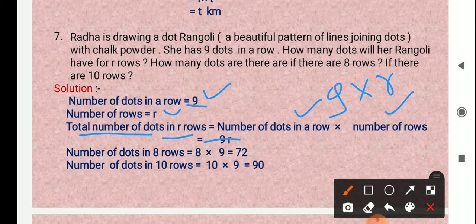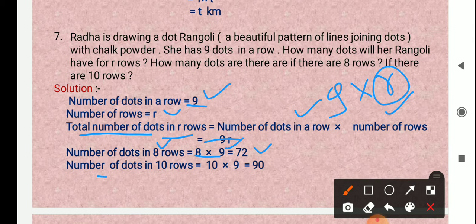Also we have to find out how many dots are there if there are 8 rows. So here number of dots in 8 rows. Here we put the value of R as 8. So 9 multiplied by 8, 8 9s are 72. So number of dots in 8 rows are 72. Also we have to find out if there are 10 rows.